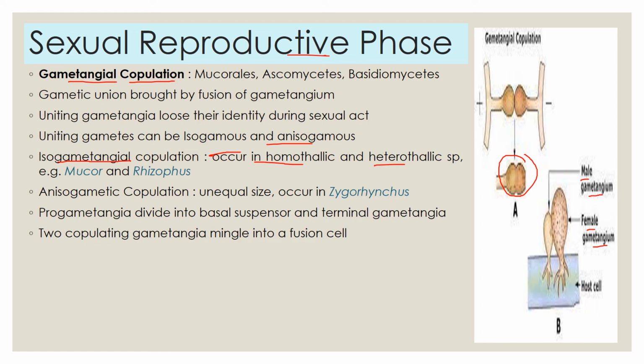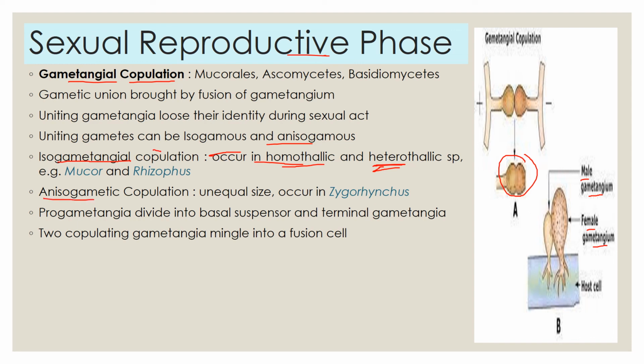It is heterothallic when the gametangia of two different mycelia or two different hyphae fuse. So this gametangial copulation can be isogametangial, and it can also be anisogametangial.